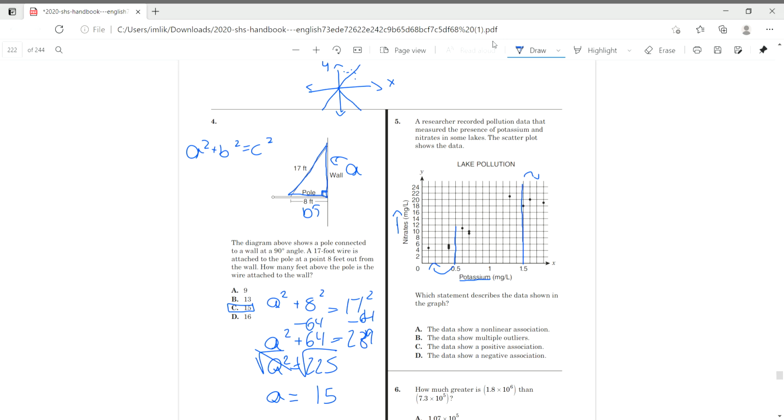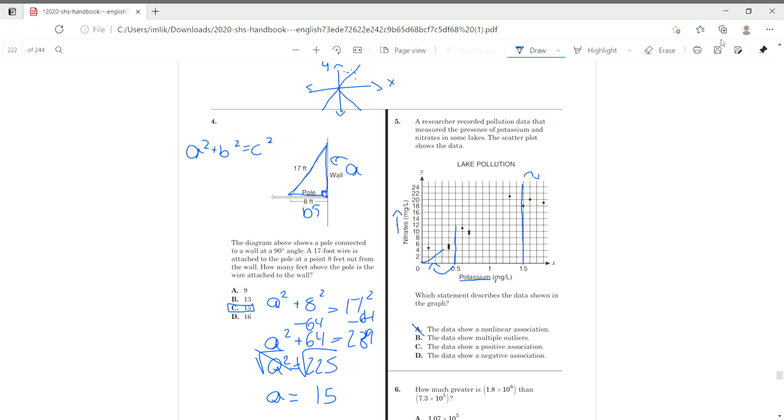The more potassium milligrams per liter, the more nitrates there will be in milligrams per liter. So yes, there is a linear association. The more x, the more y, and it goes up like this. Okay, so A cannot be right.